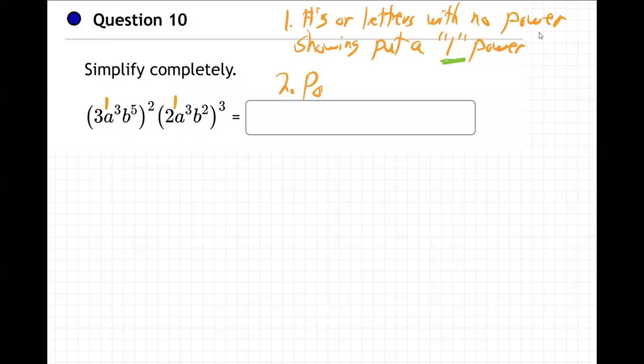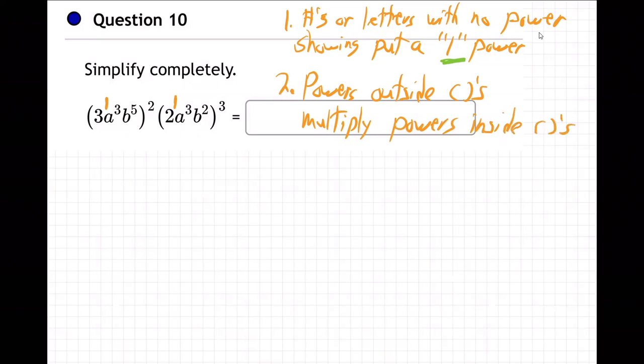Step number 2 is powers outside parentheses multiply powers inside parentheses. So I'm going to take this 2 power and I'm going to go multiply, multiply, multiply.